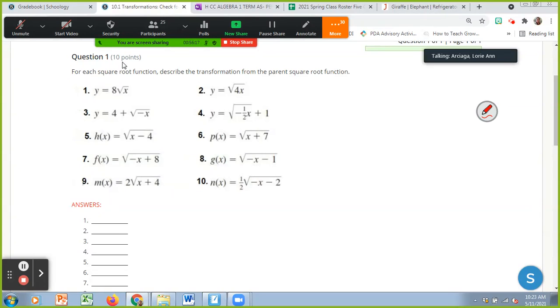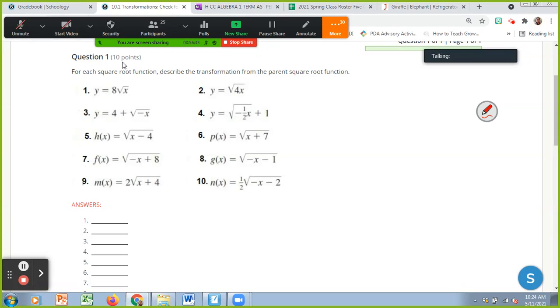Now I'm going to mention a type of transformation. You explain in your own way how it's being shown in the function. For example, if I say reflection, what are you going to look for? What sign should you see either inside or outside the radical sign?